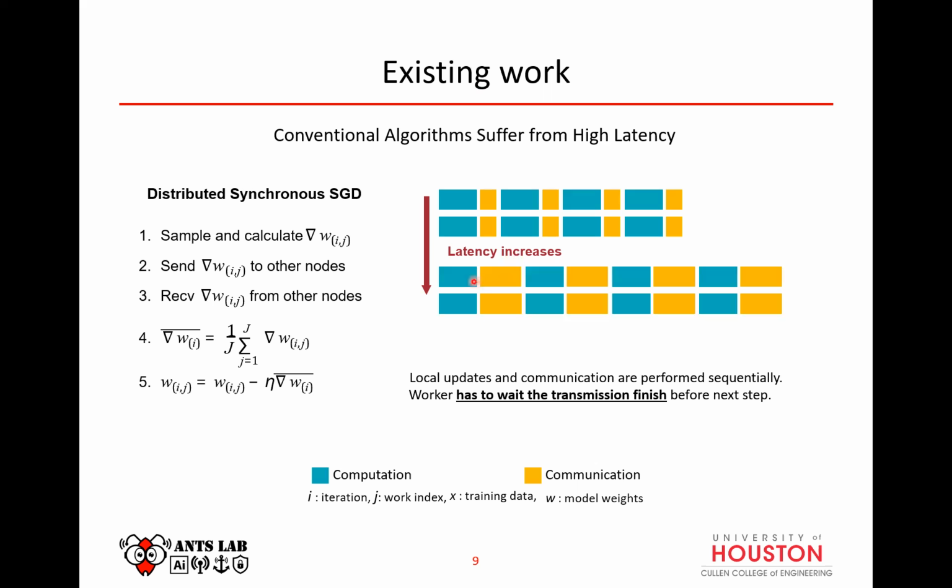With this sequential way of doing first computation and then communication, a lot of bandwidth gets wasted waiting for the communication runs to finish. The worker has to wait for each transmission to finish before it can go on to the next step and continue the local training.